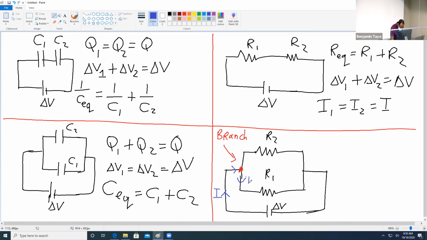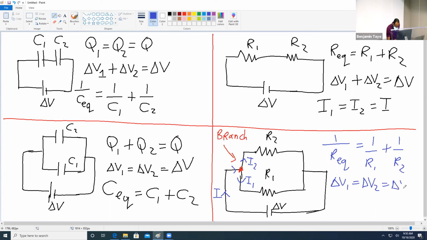One part is going to be called I1, and one part is going to be called I2. So in parallel, I calculate 1 over R equivalent is equal to 1 over R1 plus 1 over R2. Delta V1 is equal to delta V2 is equal to delta V, and I is equal to I1 plus I2, where I is the total current.